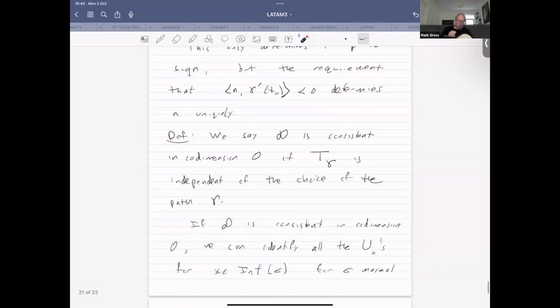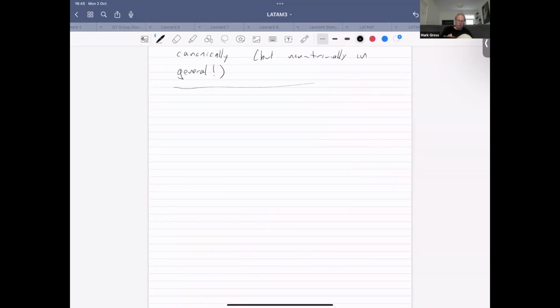So now, if X instead lies in the interior of a codimension 1 cell, and does not lie in the singular locus of D. Let me draw a little local picture of what's going to happen there.